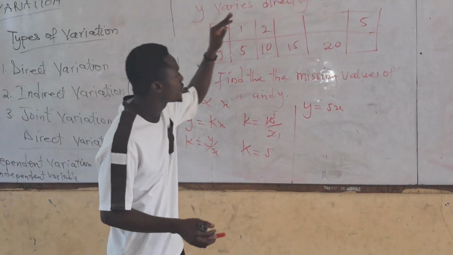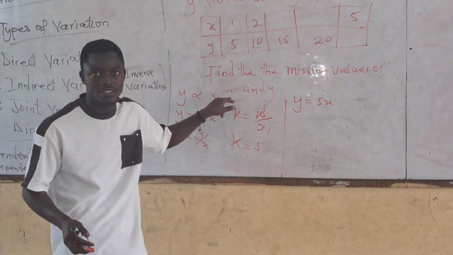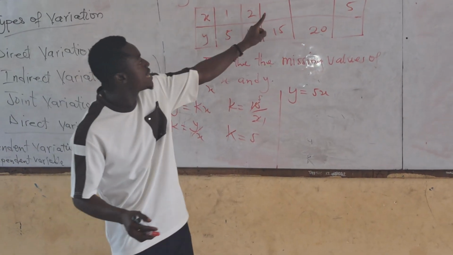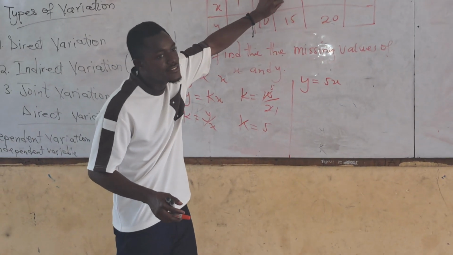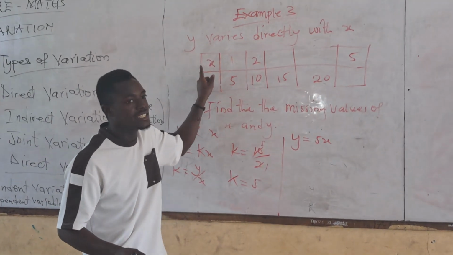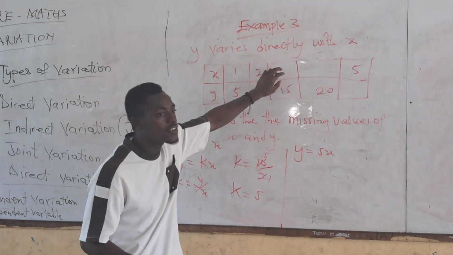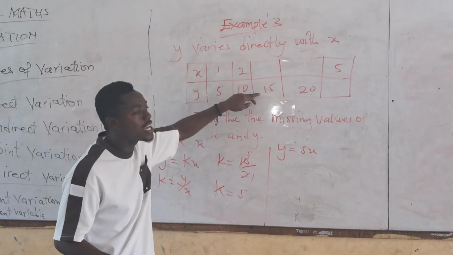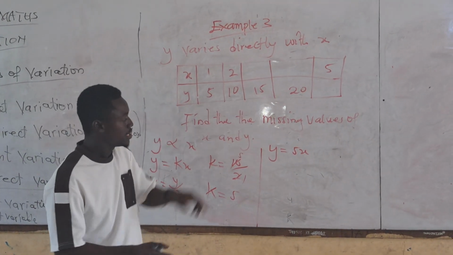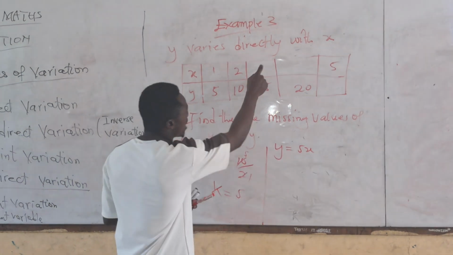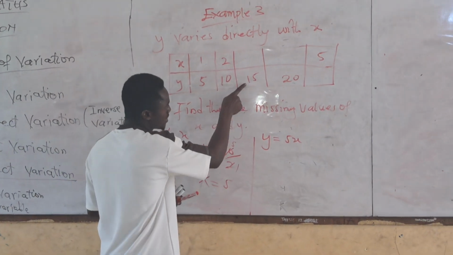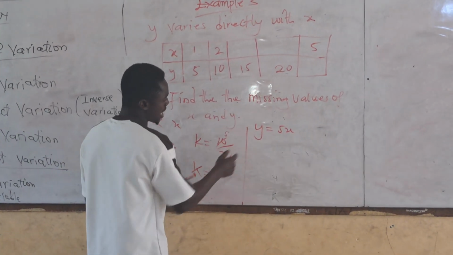But now they say you should find the missing values of x and y. Now when you come here, we are solving for a missing value in the x component, meaning we are solving for x, when we know its corresponding y.